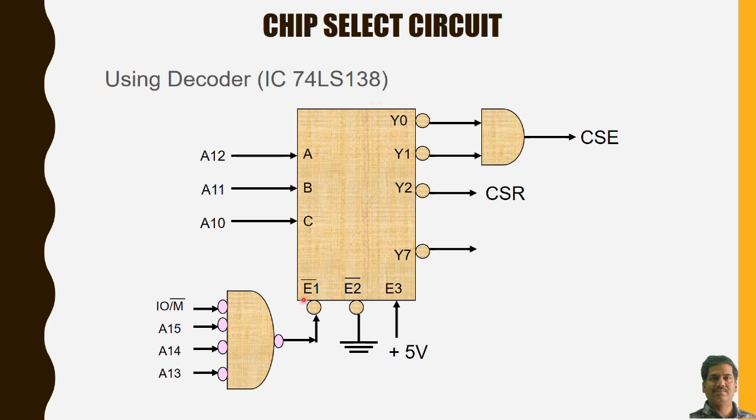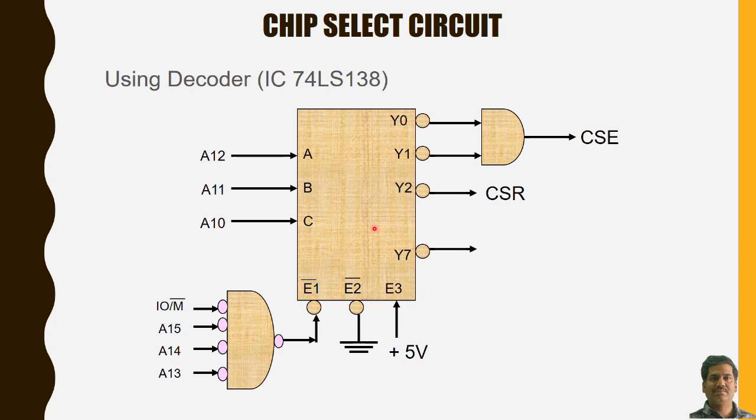Now, what is needed primarily is that A13, A14, A15 and IOM bar should all be 0. If they are 0, then only this particular decoder IC is enabled. Otherwise it will be disabled and the memory will not be selected.